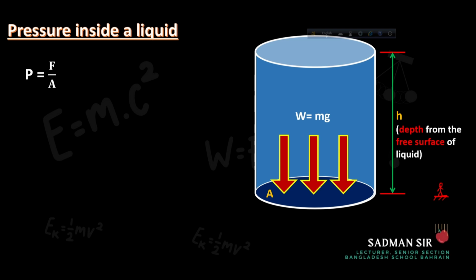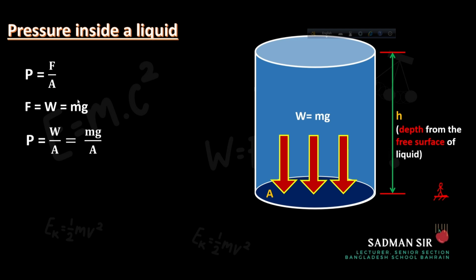We already know that W is equal to mass into acceleration due to gravity, that is mg, right? So definitely we can say that the force that is being exerted is equal to the weight of the liquid, and that is equal to mass of the liquid into acceleration due to gravity. Now this F can be replaced by W, and further W can be replaced by mg, and we have done that already.